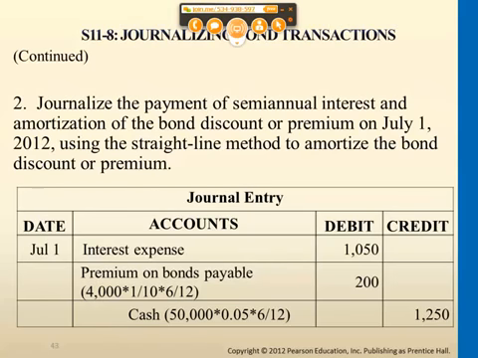Every half a year, we'll be reducing the premium account by $200. And we'll be doing this 20 times. Okay, so the cash interest part will be $1,250. Premium on bonds payable $200. After subtracting $200, what's actually considered interest expense would be $1,050 every half a year.